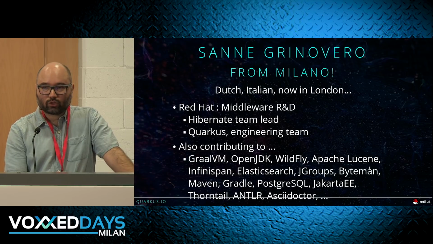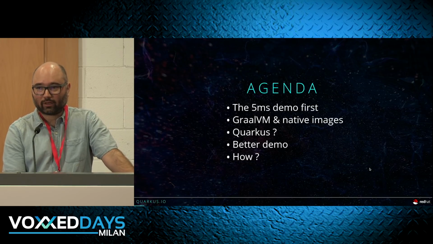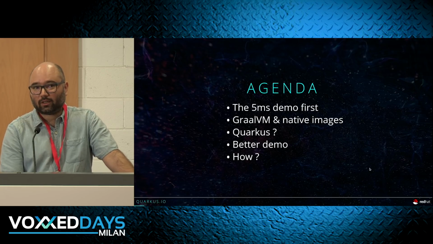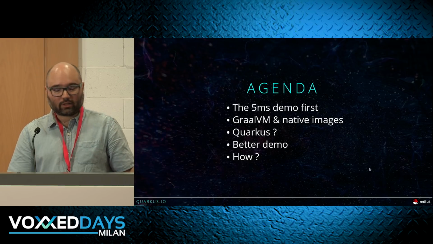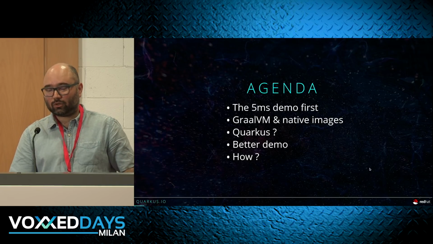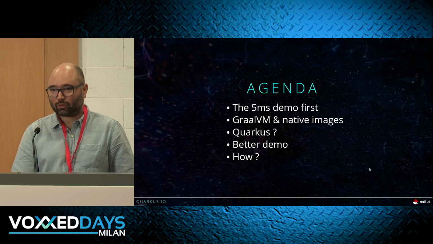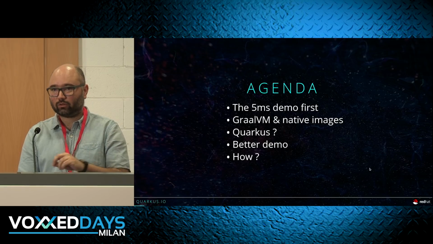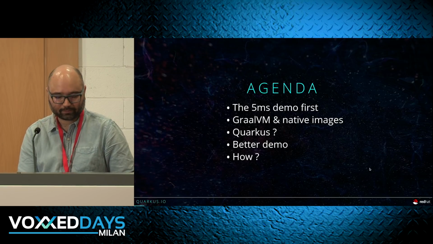So I'm going to show you first the highlight, which is this 5 millisecond demo. The reason I start with that is that it's not really the most interesting thing, and I'm going to show you why it's actually quite ugly. There are many more really interesting things in Quarkus which are built on top of the design that made this possible.